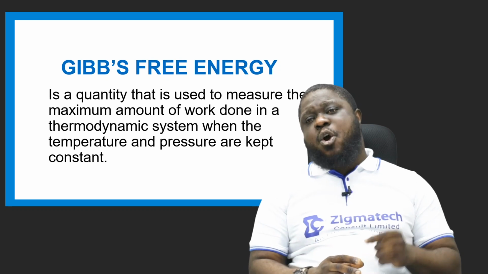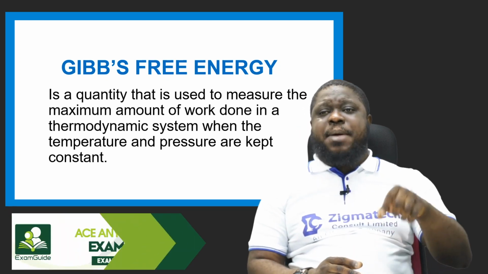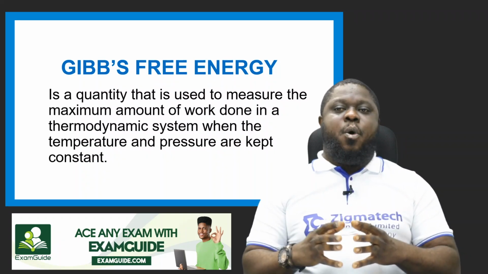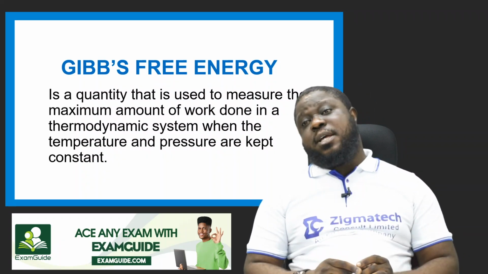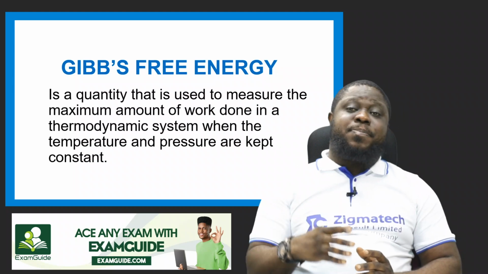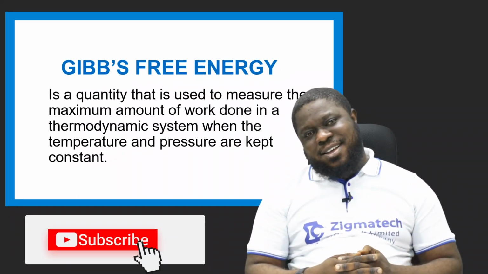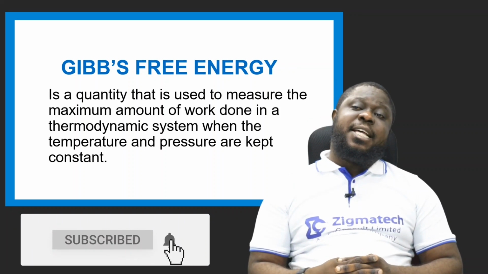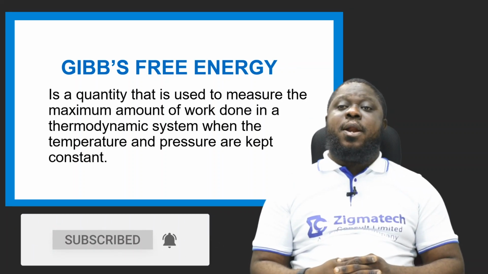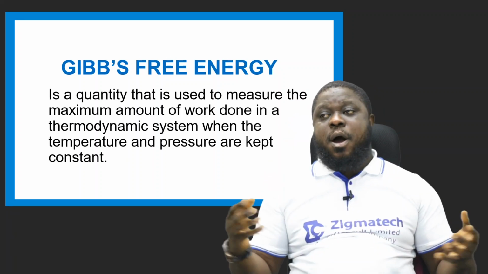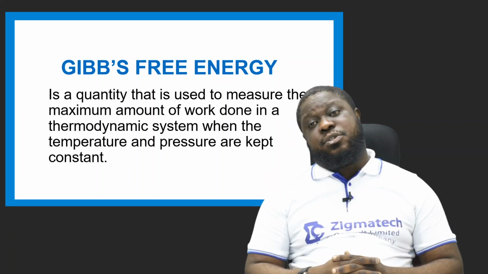Now the next one is the Gibbs free energy. The Gibbs free energy is a quantity used to measure the maximum amount of work done in a thermodynamic system when the temperature and pressure are kept constant. This is just a simple explanation of the molecule's motive power. In essence, when you measure the amount of work you've done, it becomes your motive power, mechanical advantage.